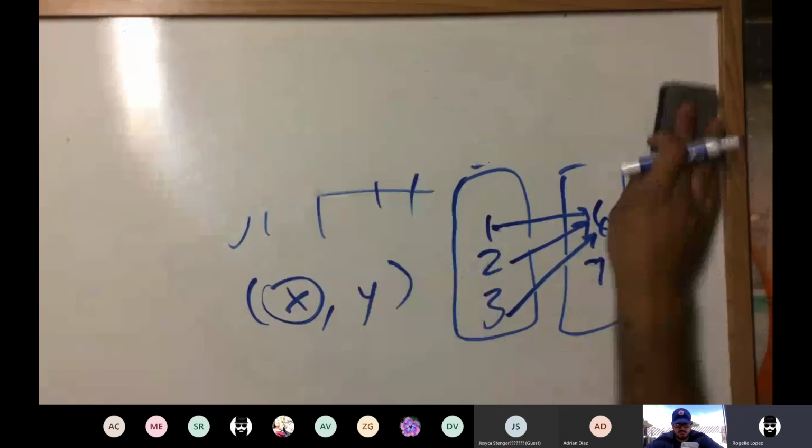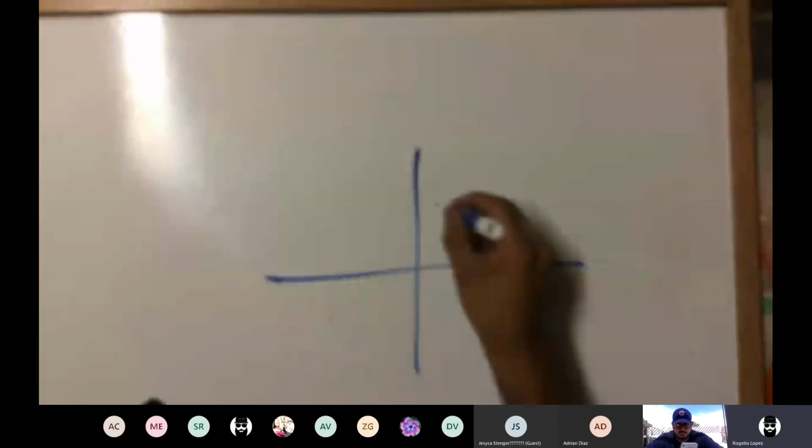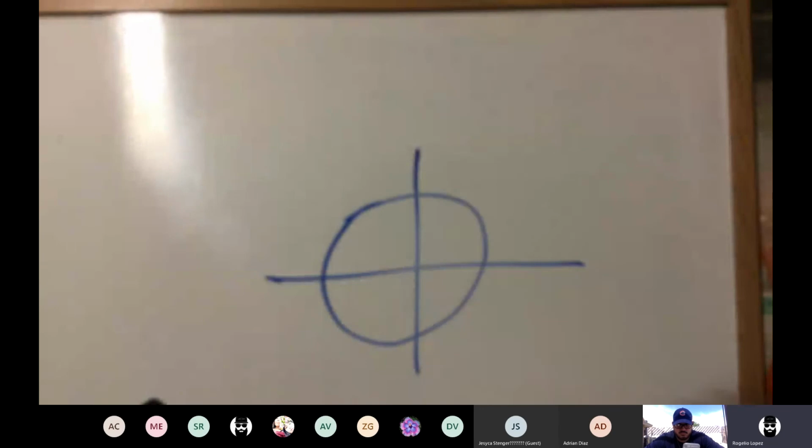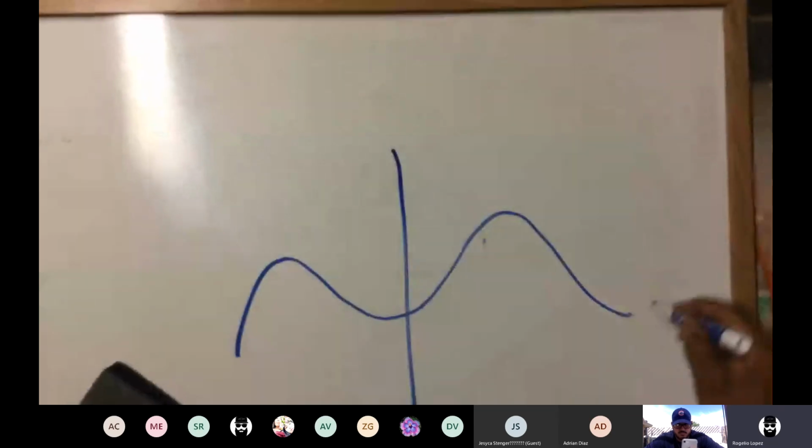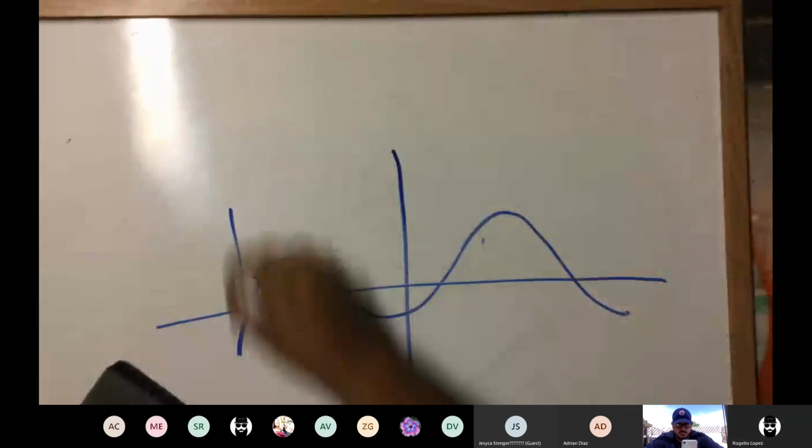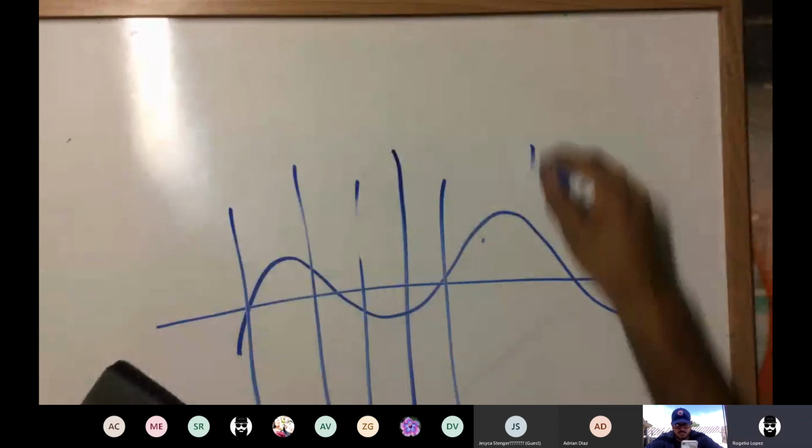And then of course the graphs, karate chop test gives you the answer right away. If I have a circle on a graph, right away I'm going to hit it 2 times. I hit it up here, I hit it down there. That is not a function. But if I have a line like this, and even if my line is like that, I still only hit it 1 time.